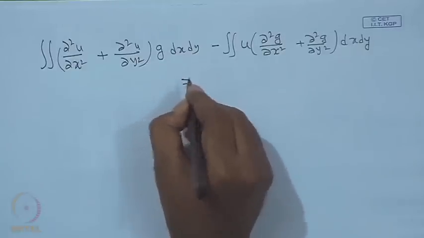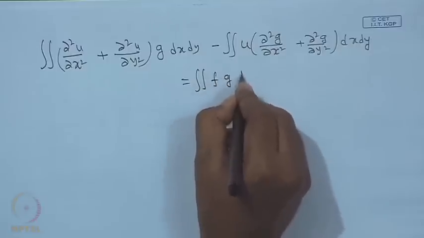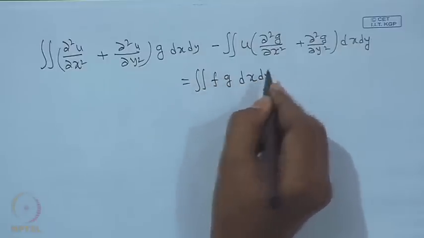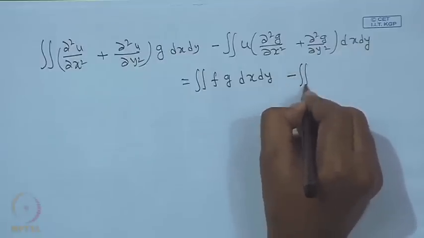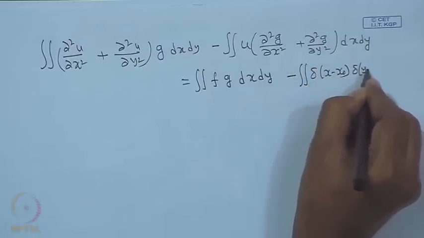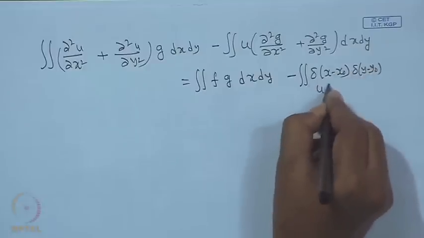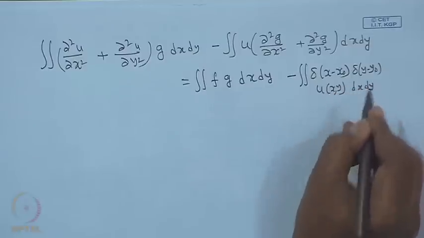In the right hand side, we have double integral f times g dx dy minus double integral of delta(x minus x naught) delta(y minus y naught) u(x, y) dx dy.